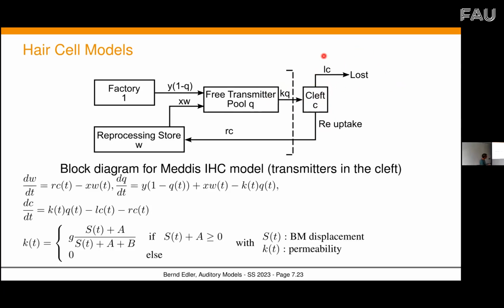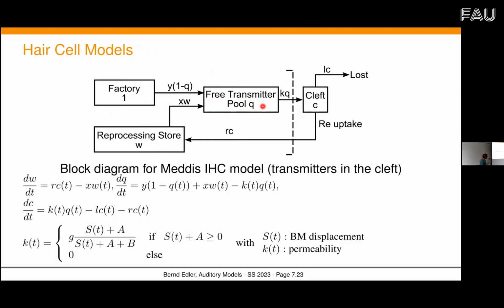Then a part of them is lost with a factor of L. The more there are, the more get lost, but the ratio of the lost ones is L, and the others, there's a factor R for the reuptake, and then they come to the so-called reprocessing store W, and then with a rate of X times the amount being in the reprocessing store, they enter the free transmitter pool, and the others are added by, and the value Q is the amount of transmitters in this pool, and the larger the difference between the one in the factory and the filling grade of the free transmitter pool, the more come in, and the factor Y is the ratio of how fast they get in.